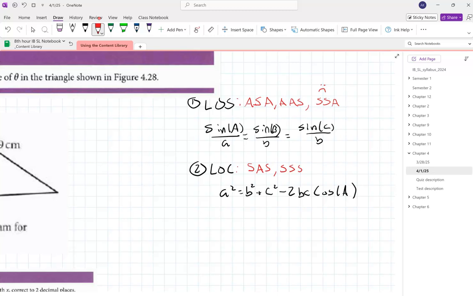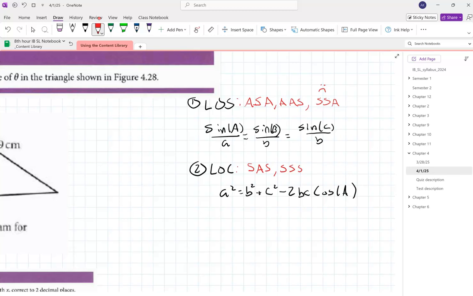It's the one that has the ambiguous case, where maybe it's not a possible problem, maybe there could be two possible sets of answers, maybe there can be one possible set of answers. You probably spent multiple lessons sifting through that because it's not simple.